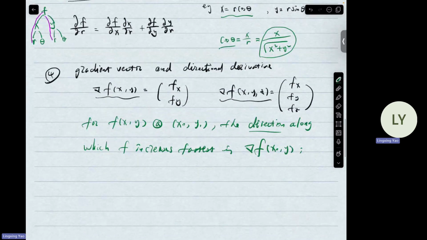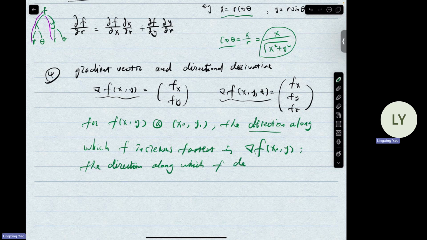So also the direction along which f decreases fastest is the negative of the gradient.